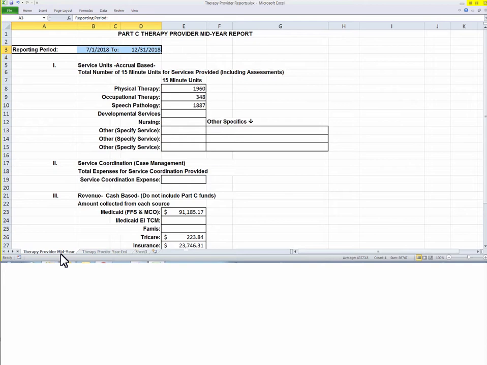The completed reports are sent to the local infant and toddler system to be included in their reporting to the state. The local system will give you a date to return the form in order for them to compile their reports prior to the due date.